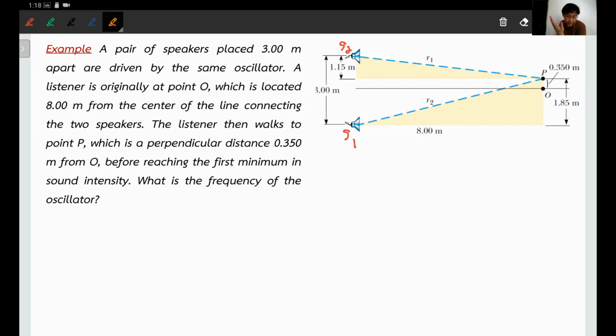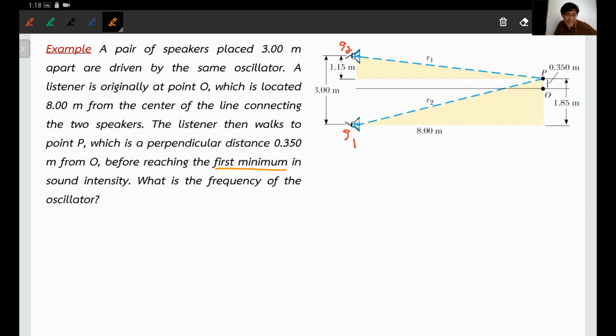The listener then walks to point P. So the listener walks up a bit, a perpendicular distance of 0.35 meter from point O, before reaching the first minimum in sound intensity. That is the clue, guys. That means this is the first position where you get destructive interference, because there could be multiple.